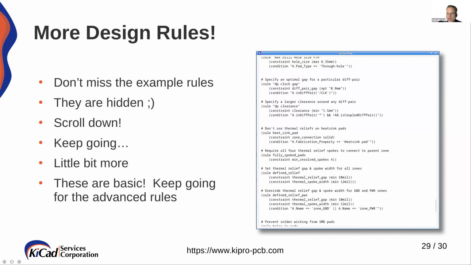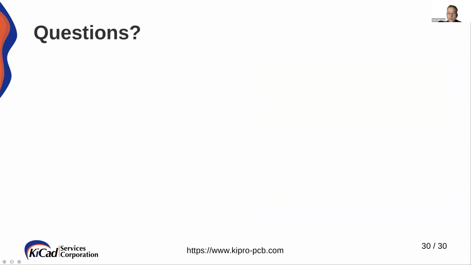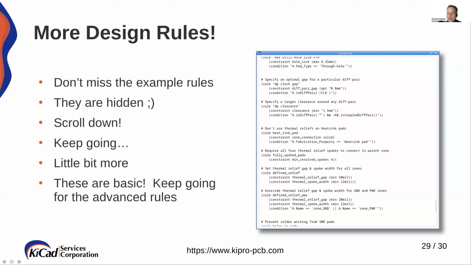We get to basic rules at this point where you are specifying differential pair gaps, clearance between A and B. Each of these provides general ideas for common rules that you might want to include in your custom rule set. You want some advanced rules, keep going down a little bit further, and you'll see some of the more advanced techniques that you can use in KiCad when you are setting up your design rules.